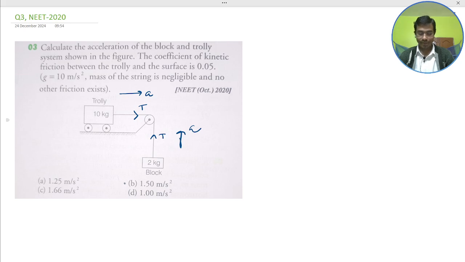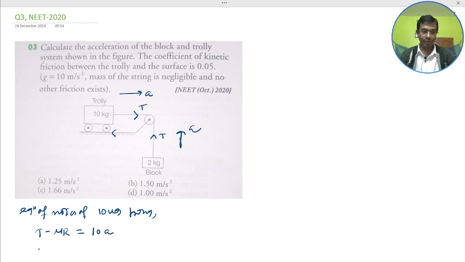Simple, you just do the equation of motion, first for the 10 kg trolley. So T minus mu R is equal to, this is the mu R in this direction, 10a.